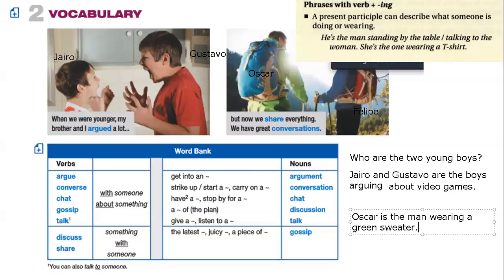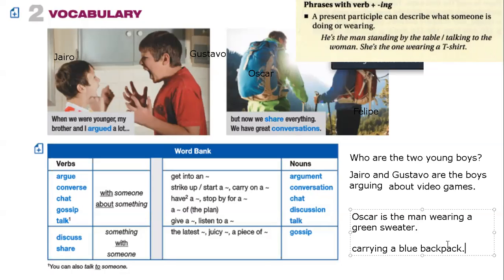Or also, you can say carrying a backpack. A blue backpack. Puede decir wearing a green sweater or wearing or carrying a blue backpack.